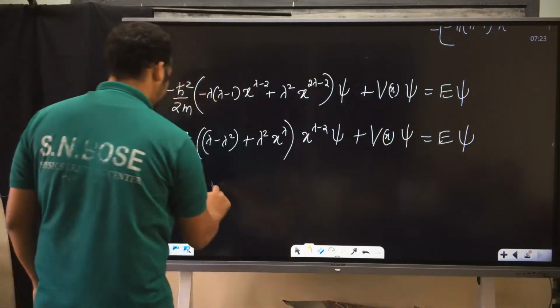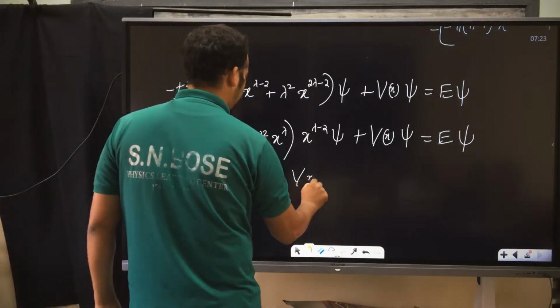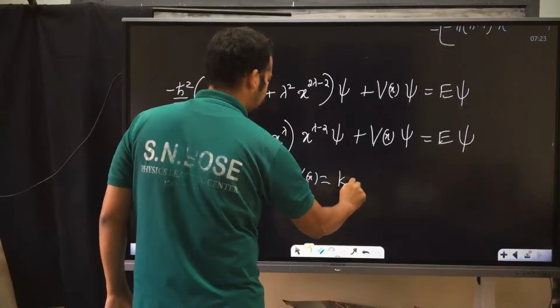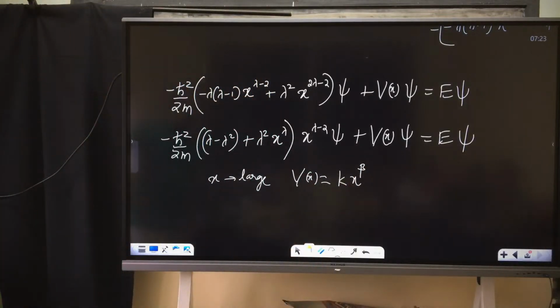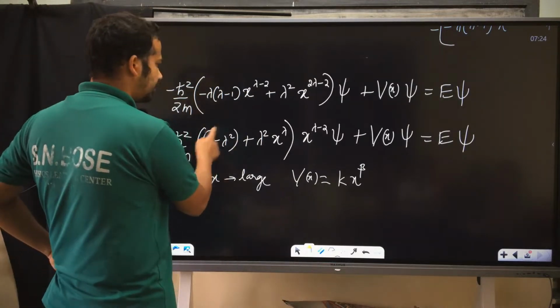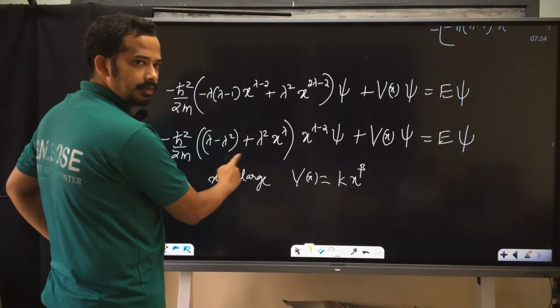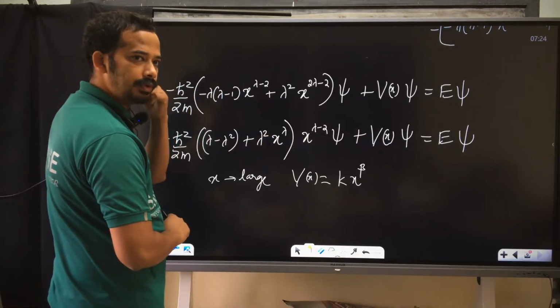When x is a very large value, v of x is nearly equal to what? Kx power beta. When x is very large, can I neglect this one compared to this one?